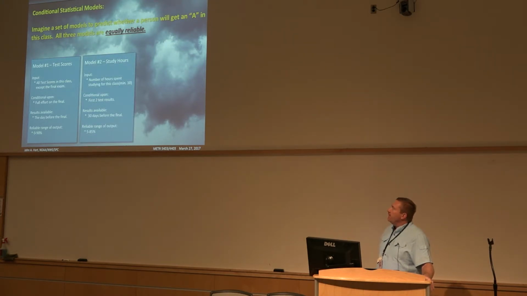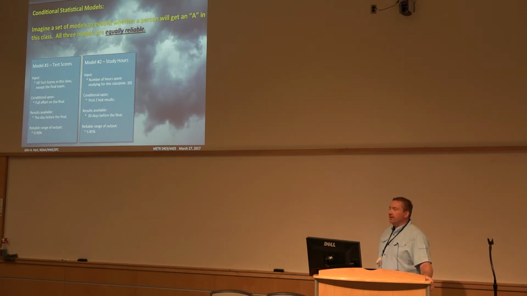Here's model number two. Maybe it involves how much you study. It needs to know how many hours are spent studying for this particular class. You have to have studied at least a minimum of 10, and it needs to know your first 2 test results, so it won't give you a result until after that. It'll give you a result 30 days before the final. Okay, well, we're getting better.